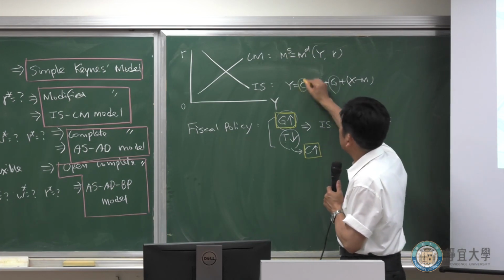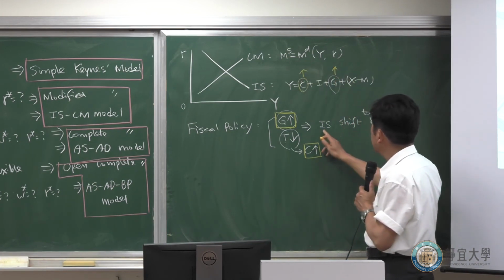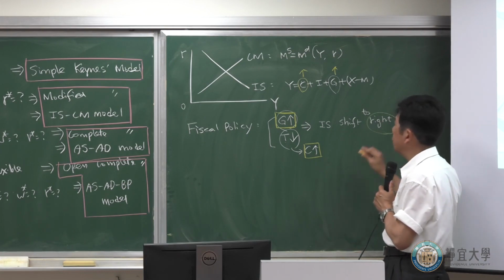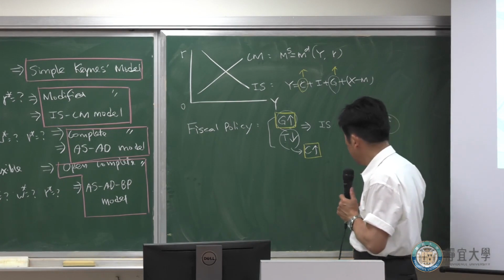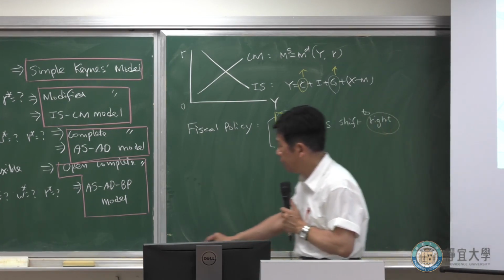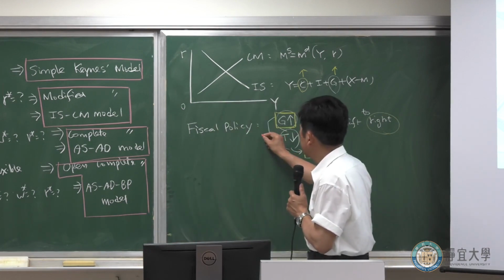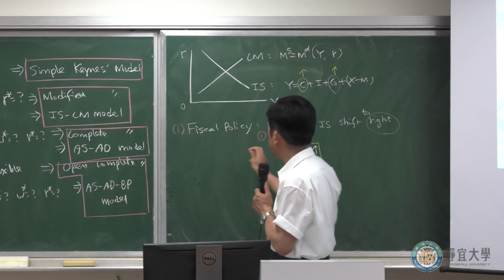So the IS curve will shift to the right. On the other hand, if the policy changes, this is for the fiscal policy.